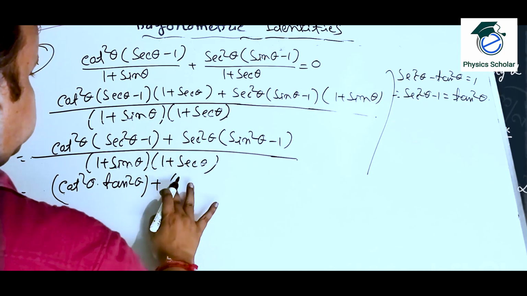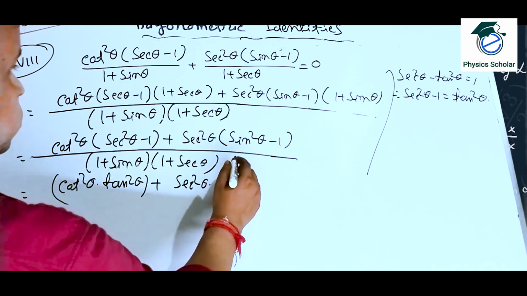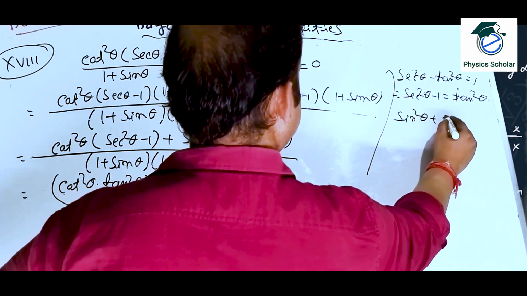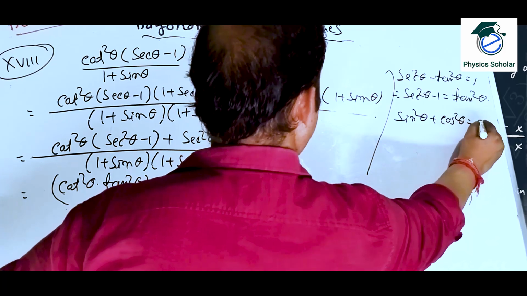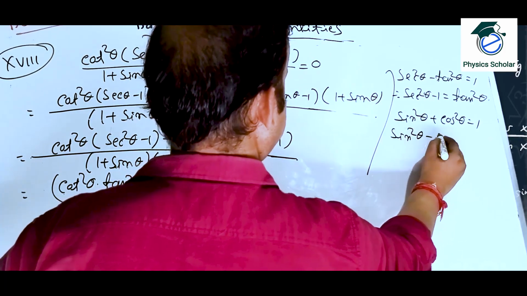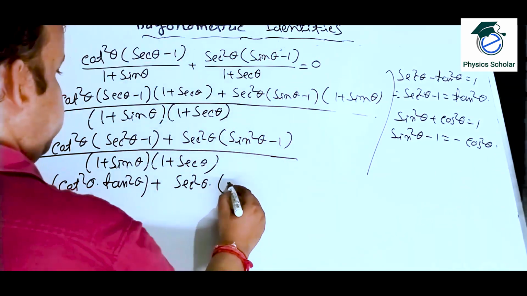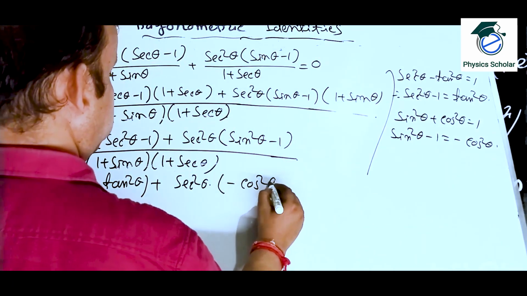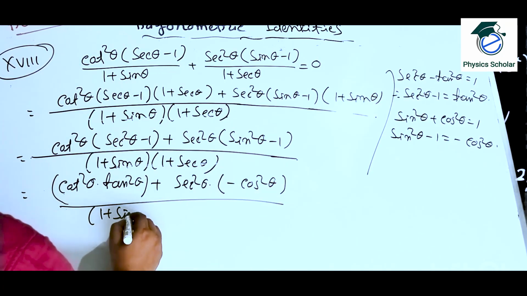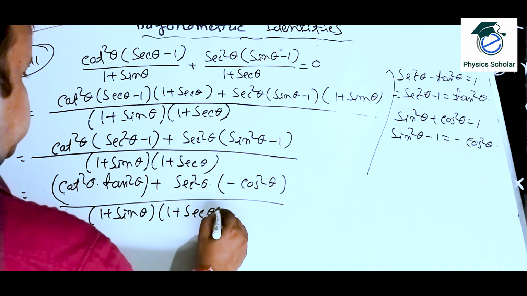Here it is what? Sec square theta into, what we know? Sin square theta plus cos square theta is equal to 1. So, sin square theta minus 1 is equal to what? Minus cos square theta. So, what we can write? Minus cos square theta whole divided by 1 plus sin theta into 1 plus sec theta.